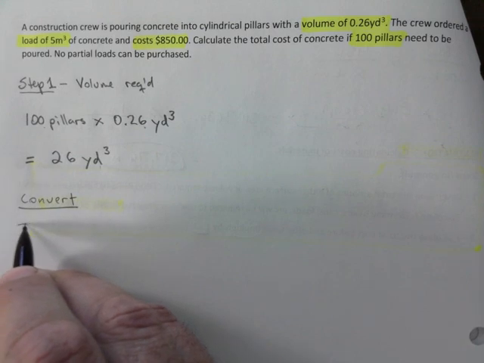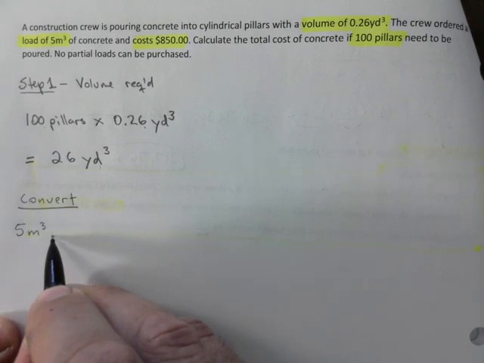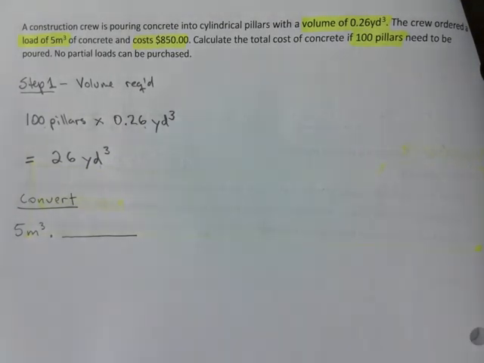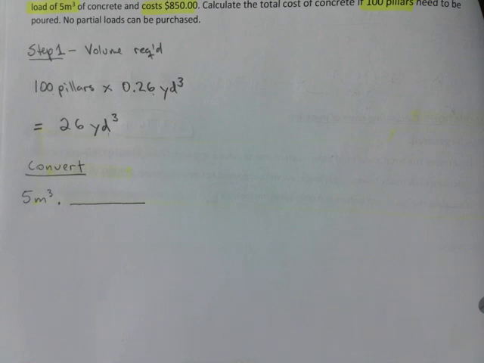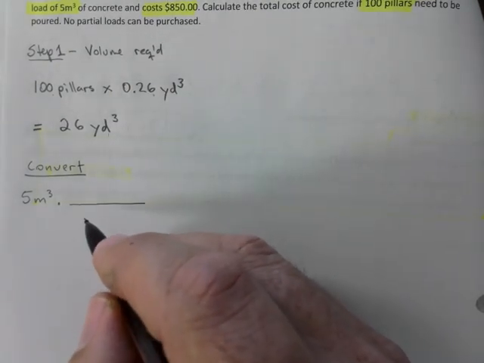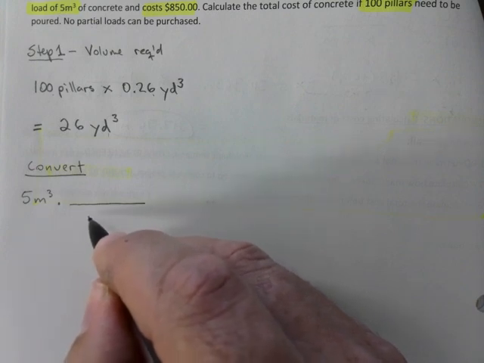Convert. So I'm going to go 5 cubic meters. How do you do this again? The cubic thing? What should I do here? What are the rates that I should use? Is there a meter and yard?